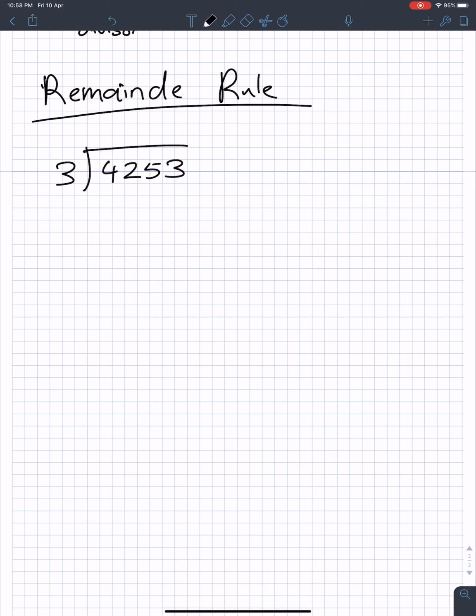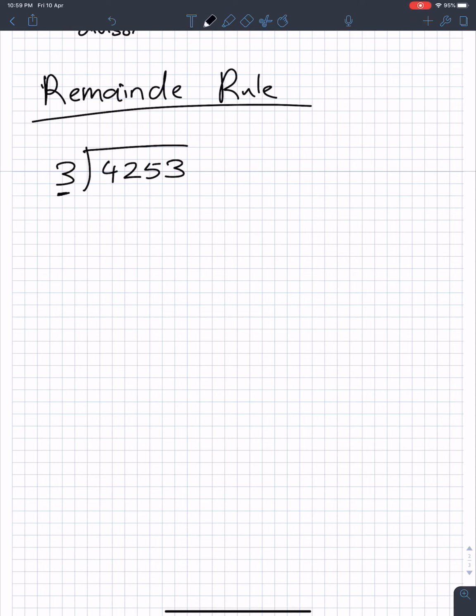The first thing you do is look at the divisor and the dividend. In particular, we look at the first number of the dividend, starting from the left side. Is this first number bigger than 3? If it is, great, that's the only number we need to focus on at the moment.